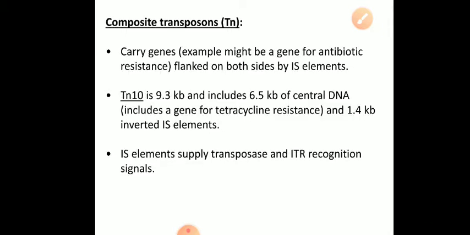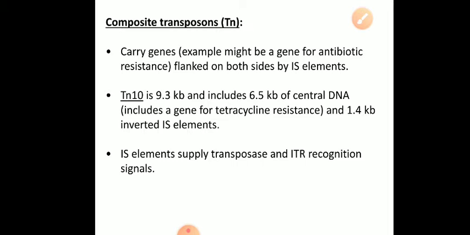What are composite transposons? They carry genes, for example antibiotic resistance genes, and on both sides they are flanked by IS elements. That means in the center there will be an antibiotic resistance gene.